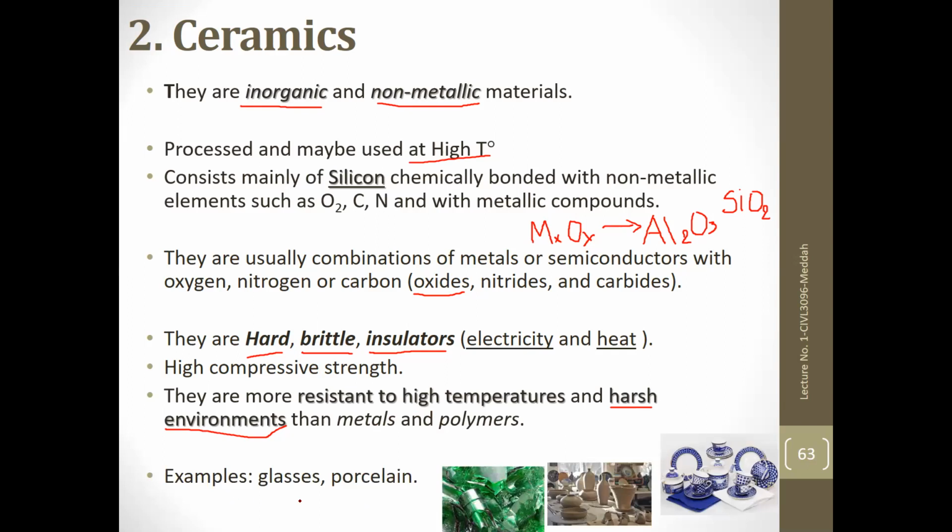Some examples of ceramic materials: ceramic materials are largely used in different applications. Just look around you, you can find glass bottles. Glass, of course, is part of ceramic materials; sometimes we put it in a separate category, but it belongs to ceramic materials. You can see some pottery examples, domestic and household items.